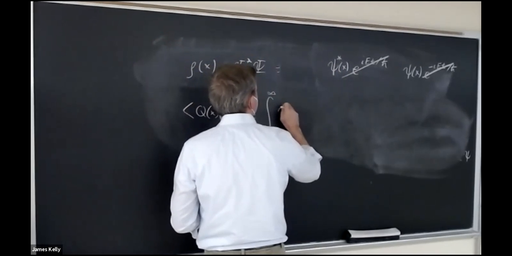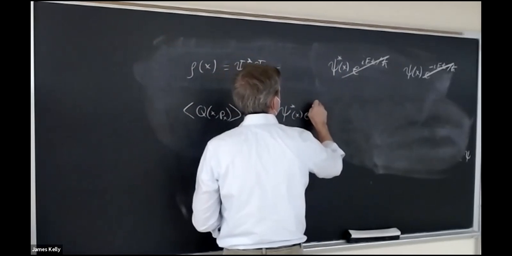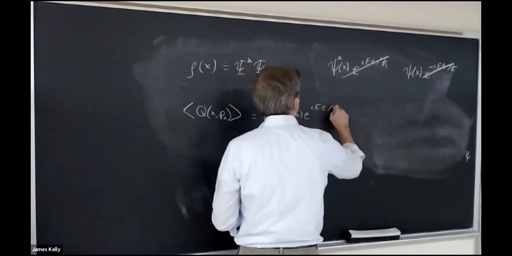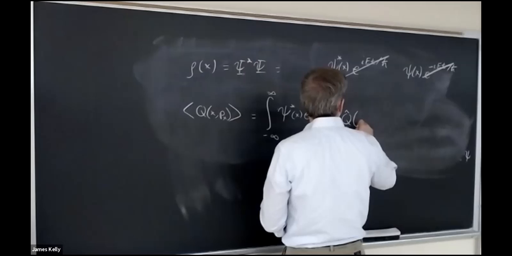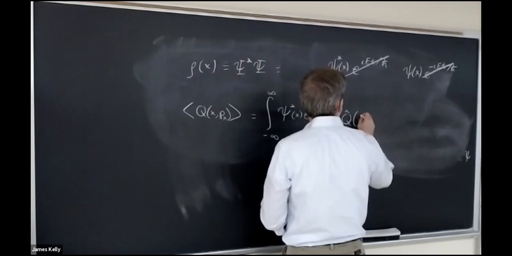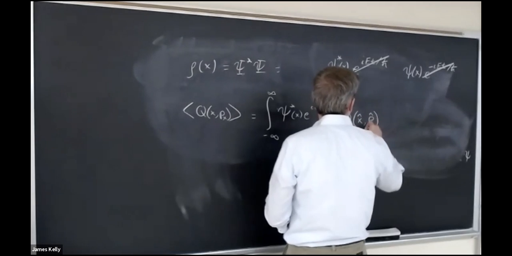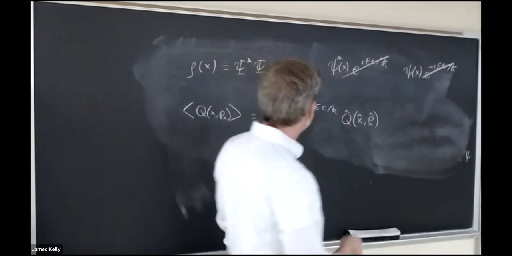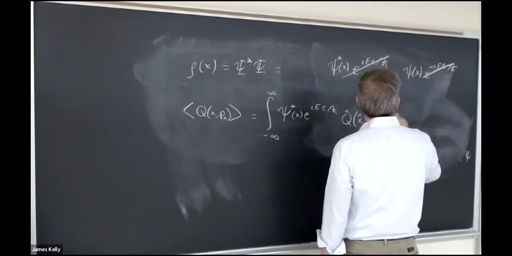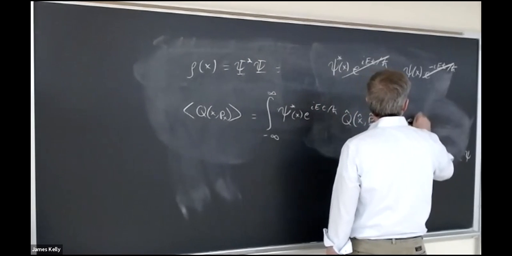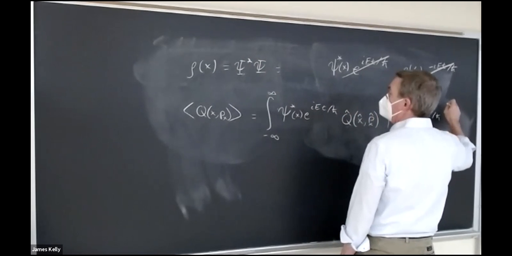So that would be lowercase psi star of x times e to the plus iEt over h bar. Then we put our Q operator here, a function of the x operator and the p operator. And then over here, a psi of x times e to the minus iEt over h bar. This is all in the notes.